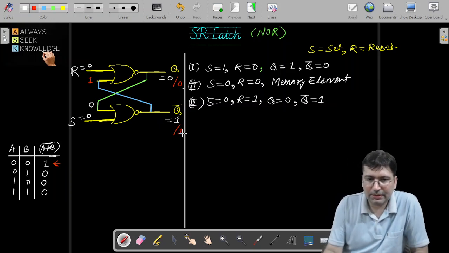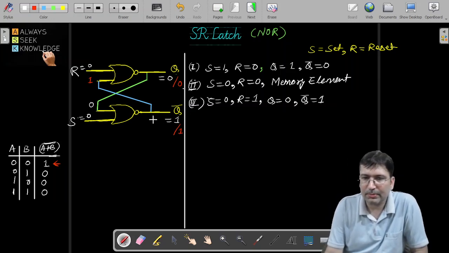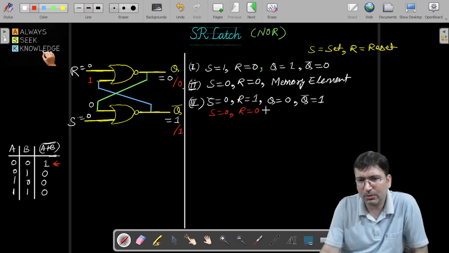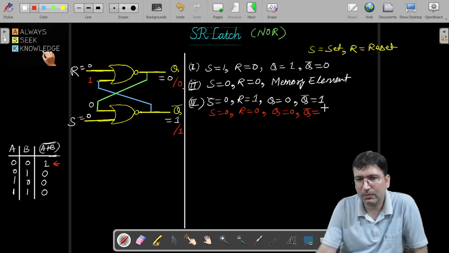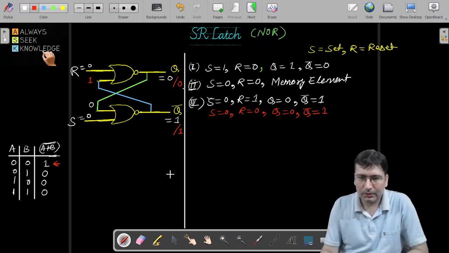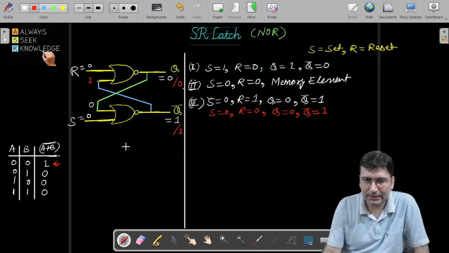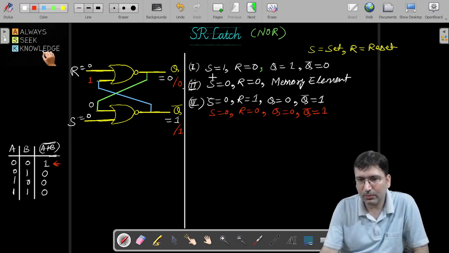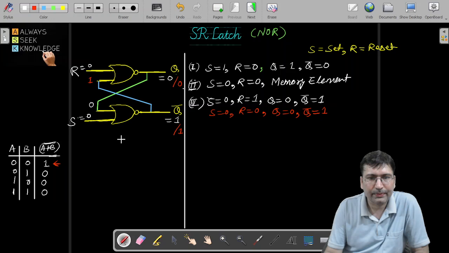The same analysis you can start with Q bar also, you will get the same thing. So that means in this scenario, if you are setting S as 0 and R as 0, then the same state will be preserved. Q will be 0 and Q bar will be preserved as 1, right? So that means this circuit is working as a memory element when S and R both are 0.